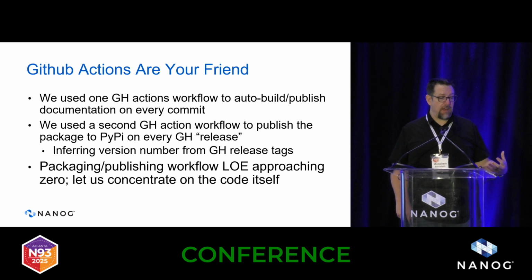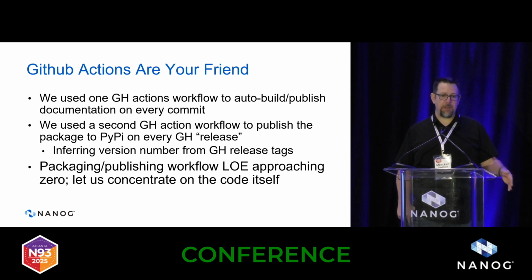One just refreshes the documentation and publishes it to GitHub Pages every time we issue a commit in the repository, and the other, when we actually create a GitHub release, publishes the package to pypi.org and also let us consolidate version management in the GitHub UI directly.